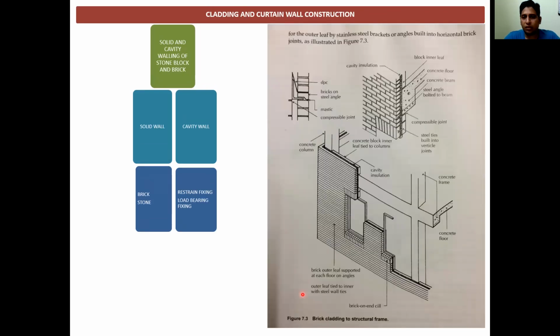So now this is the next, and you can say another type of installation for cladding. Now look at the picture, which is showing this concrete floor, concrete frame, that is column as well as beam, and how this cladded material is arranged on the surface.